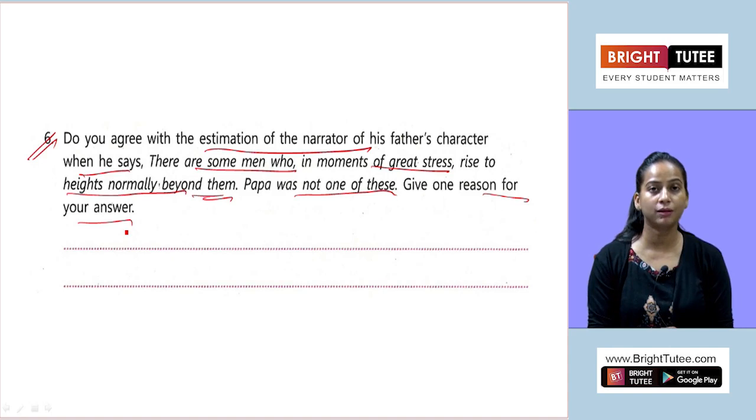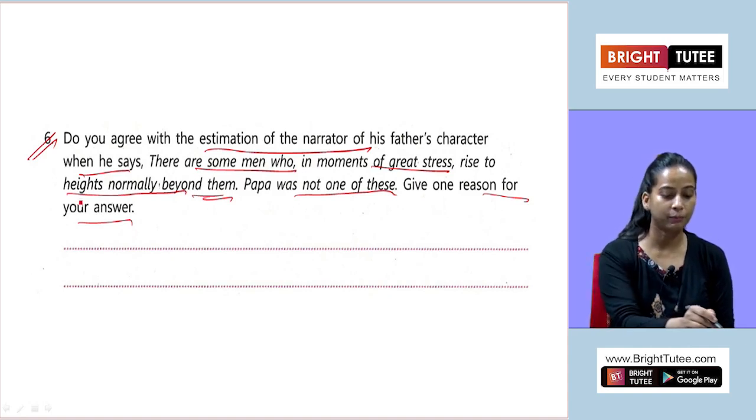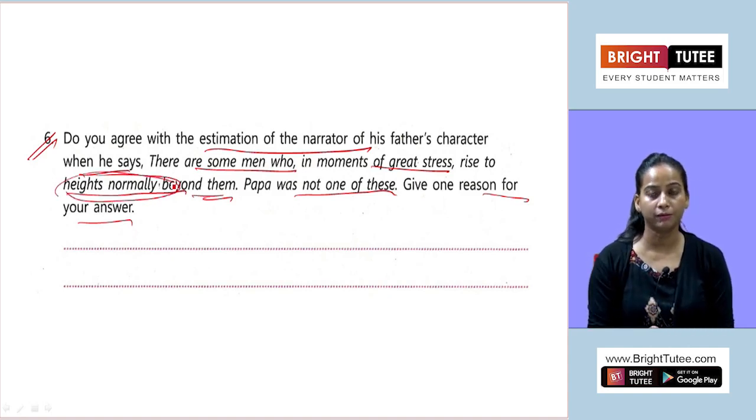Because he mentioned that his father was not one of those who can rise beyond the height of a normal being when some stress is there. Many people reach their height and behave in a very different way, which results in a positive outcome.